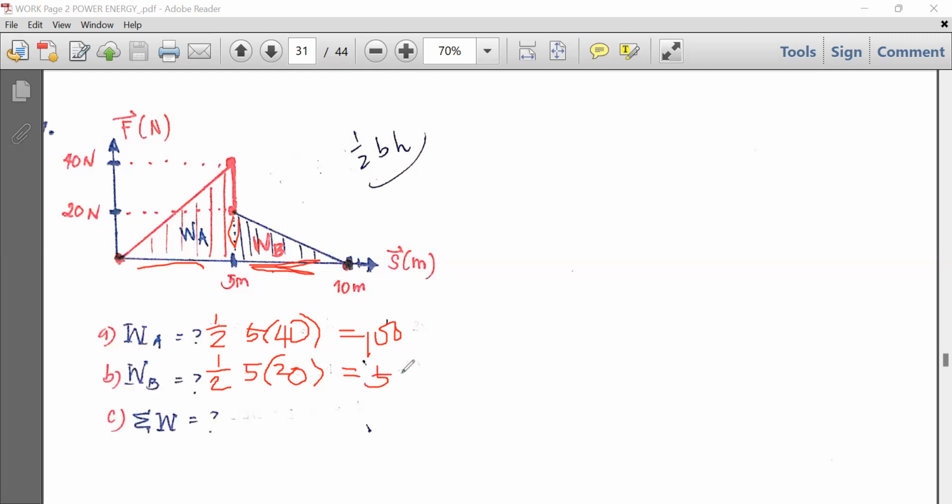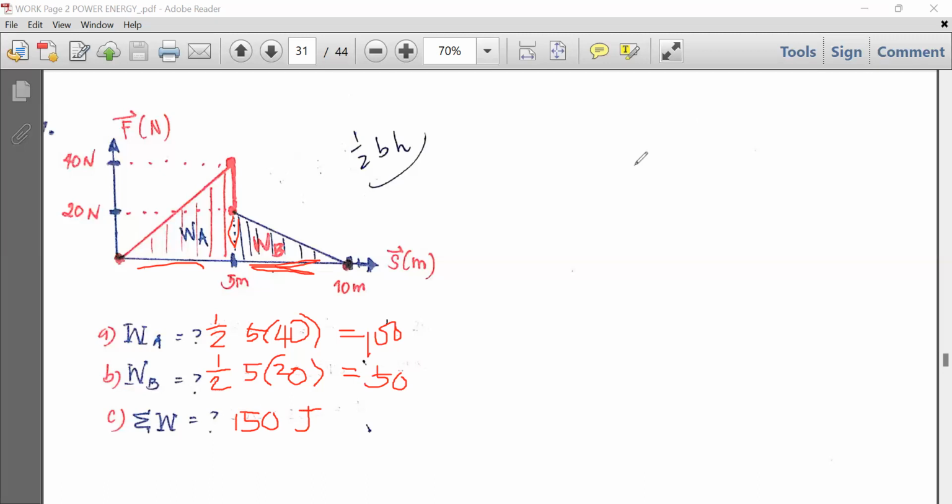So 50 joules. So the total work done is 150. You just add. So 150 joules.